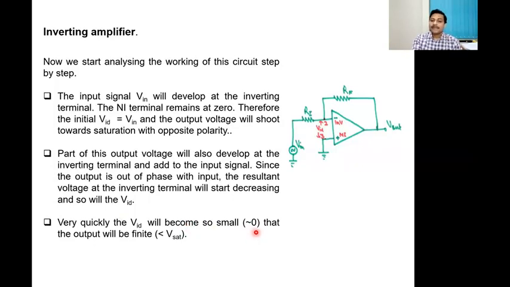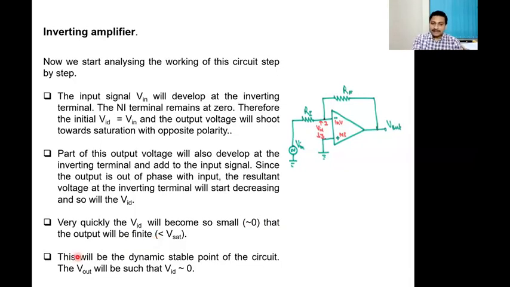And as soon as VID becomes close to 0, recall what we discussed in case of the open loop amplifier: for differential input close to 0, V out could be finite, because although the gain is very large, the differential input is very small. So their product could still be a finite number, less than V saturation. Very quickly, the differential input will become 0, such that the output will become finite, meaning less than V saturation.